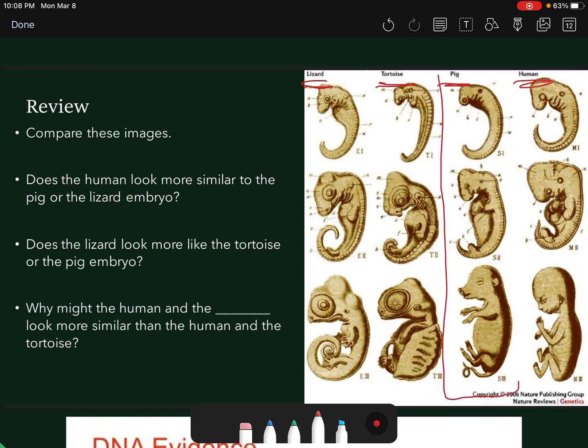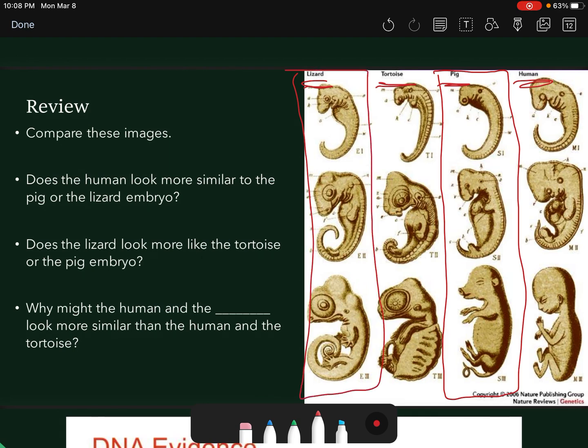This would be the pig, and this would be the lizard. Okay, I want you to pay close attention to the human right now, and we're going to compare these spots right here. Which ones look more alike?